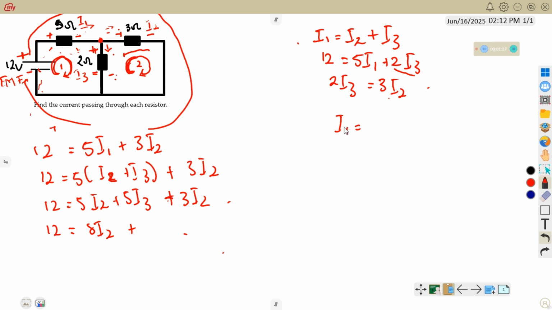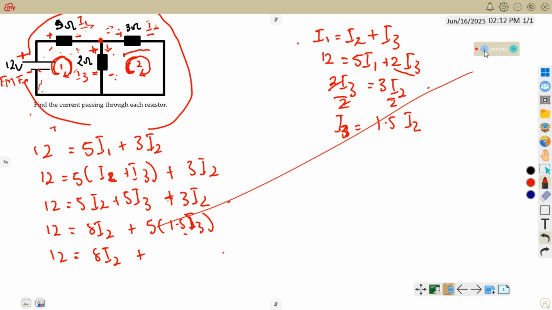But from here we can say that I3 is equal to 1.5 I2, right? Because if we divide both sides by 2, we cancel out 2, so I3 equals 1.5 I2. So this is going to be 5 into the bracket of 1.5 I2. So 12 will be equal to 8I2 plus 5 times 1.5.